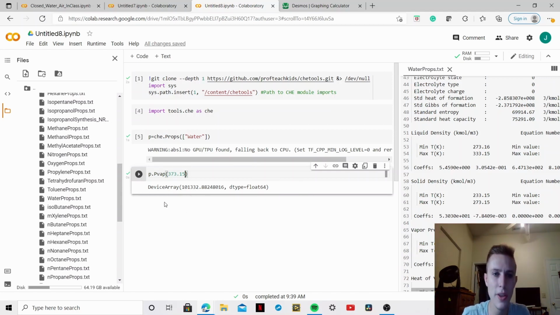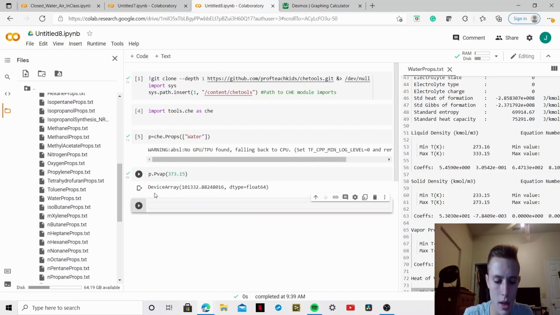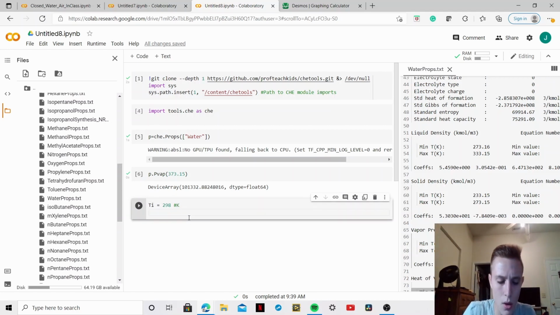Okay, so now that we know this, we can bring in our values, which we already know. So we can go down here in a new line. We do know from previous on the whiteboard that our initial temperature is equal to 298 degrees Kelvin. It's in K. We know the total volume is equal to 0.1 meters cubed.